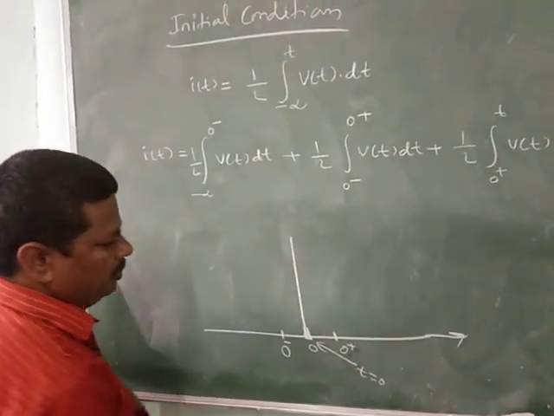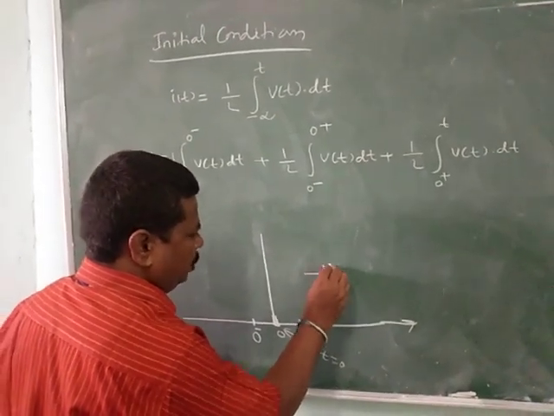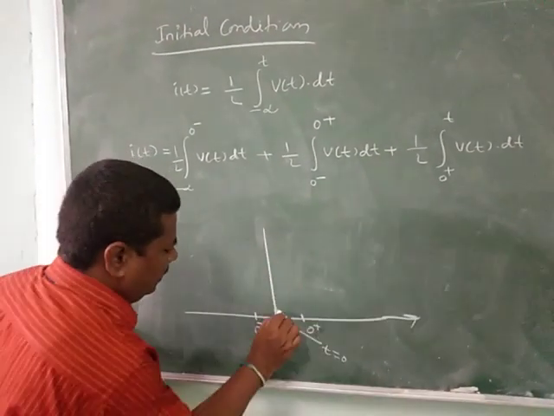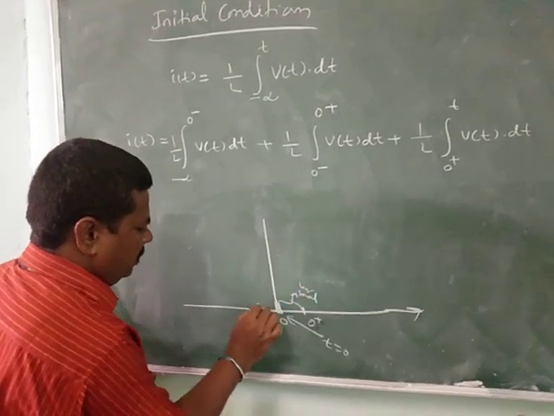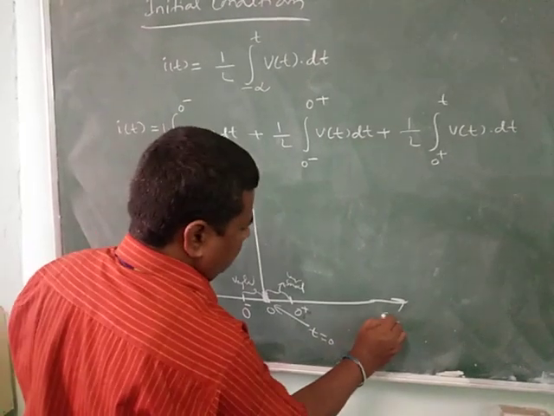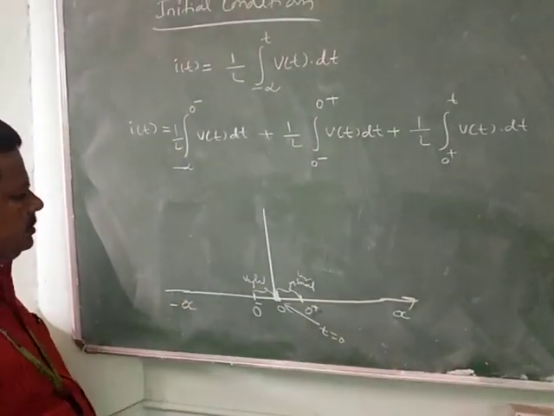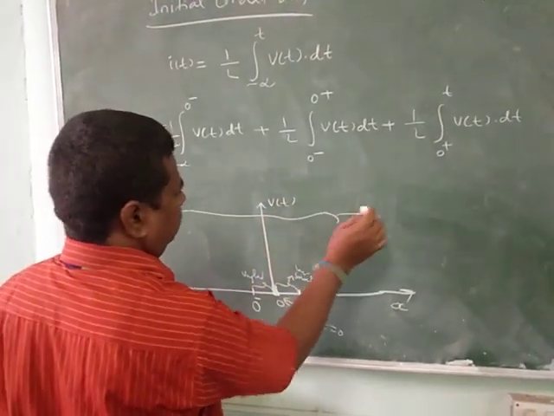In practice, this is a very small area. And somewhere here it is t is equal to infinity, and here it is minus infinity. It is somewhat like a voltage v of t.